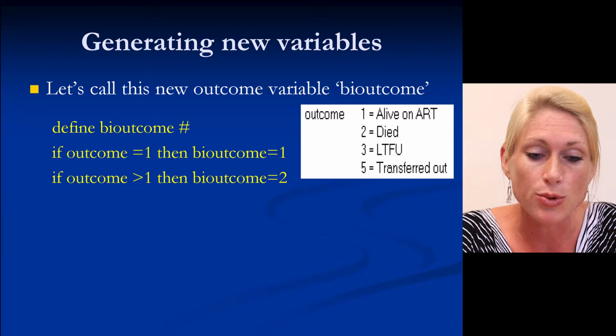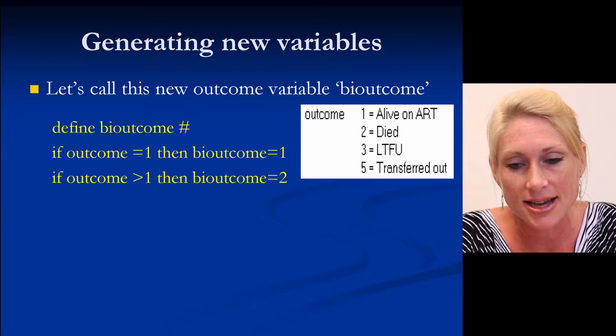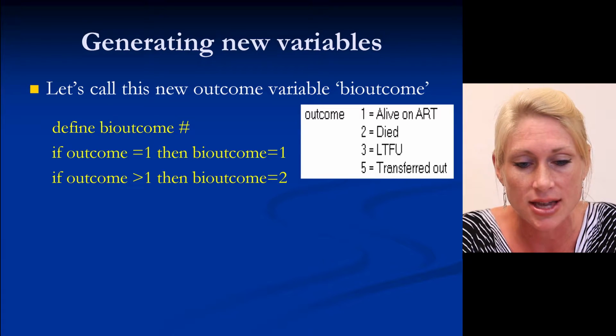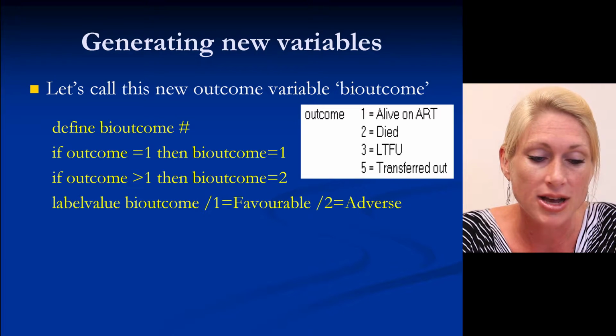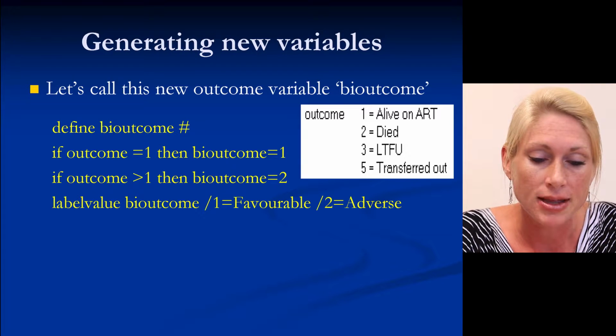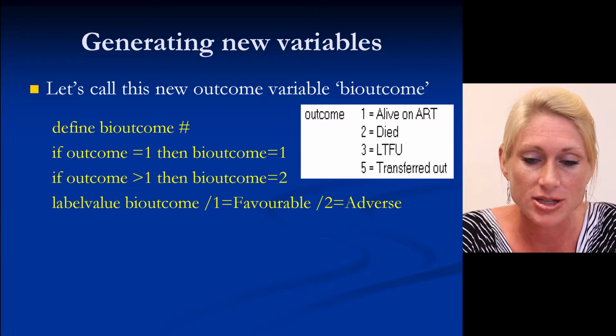If outcome is more than 1, in other words, if the patient died, was lost to follow-up, or transferred out, then we're going to give our new variable bioutcome the value 2. We're going to provide label values. So label value, the name of our outcome variable bioutcome, space /1 is favourable, space /2 is adverse.